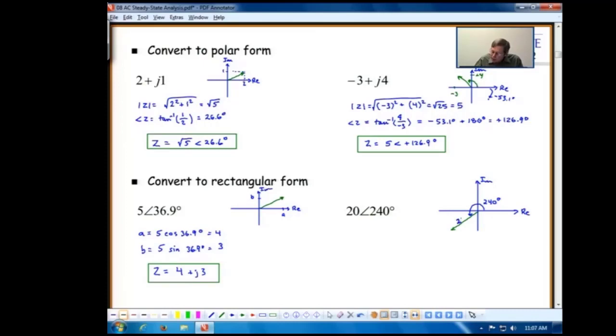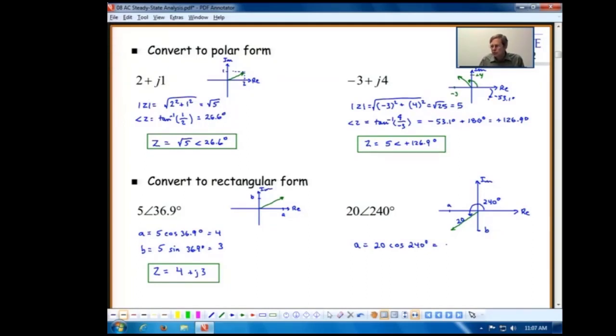And the magnitude is 20. So we want the A component and the B component. So again, A is 20 cosine 240. Most calculators get the angle correct for all four quadrants on sine and cosine.